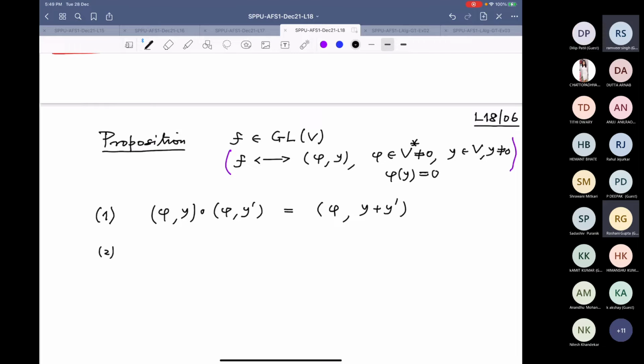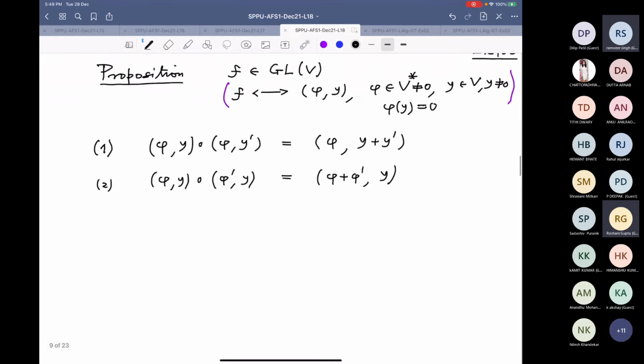Second, now I vary the first one. So phi y composed with phi prime y is the same as phi plus phi prime comma y. The third one, now I write for both.